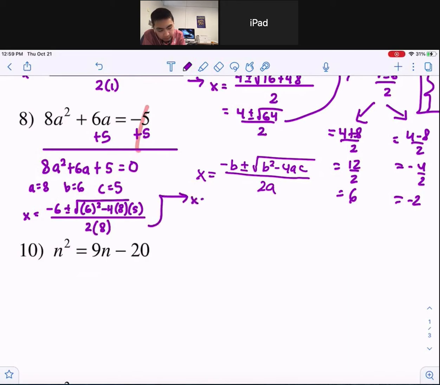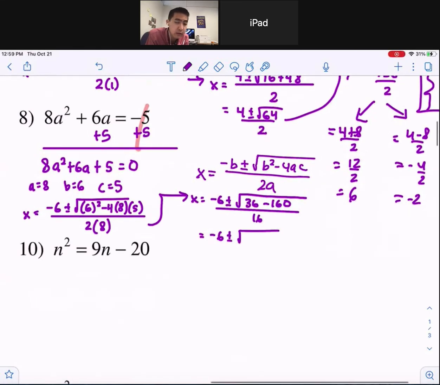So we got negative 6 plus and minus square root of 36. Let's see, 4 times 8 is 32, and 32 times 5, that's negative 160, all over 16. So negative 6 plus and minus 36 minus 160, you guys, that is negative 124 all over 16.